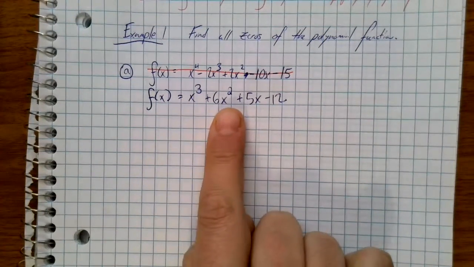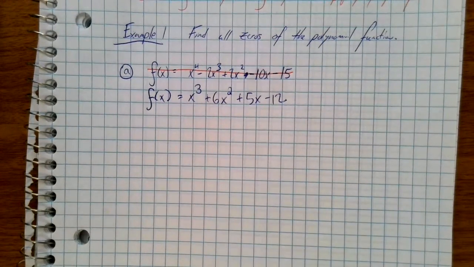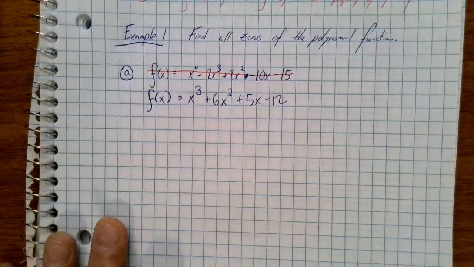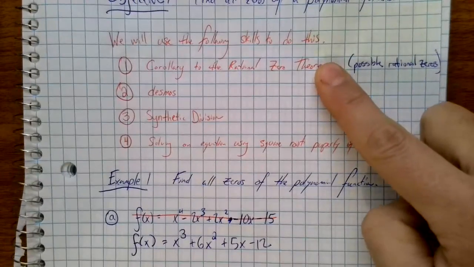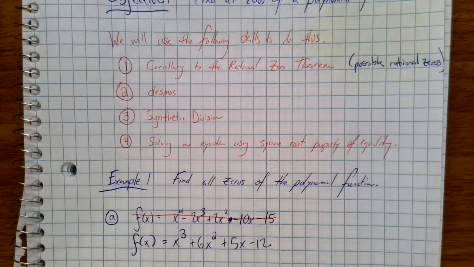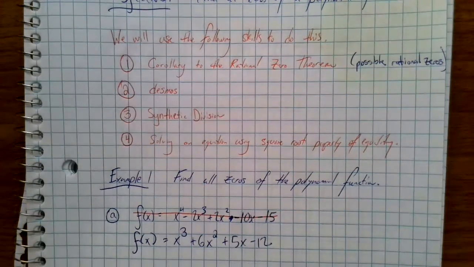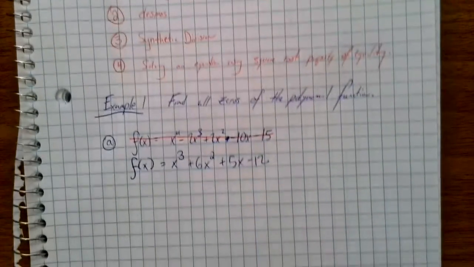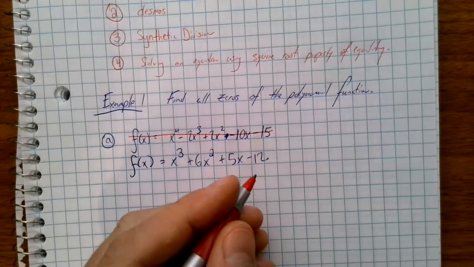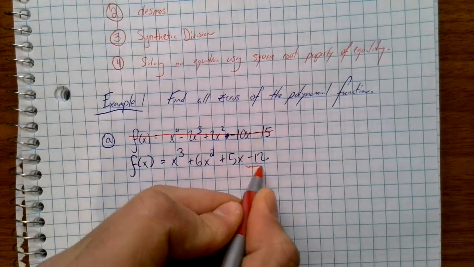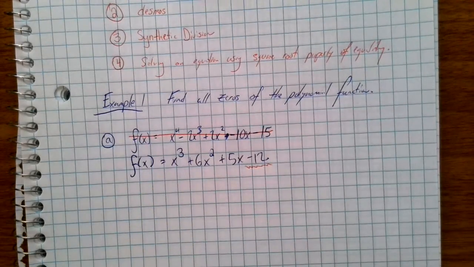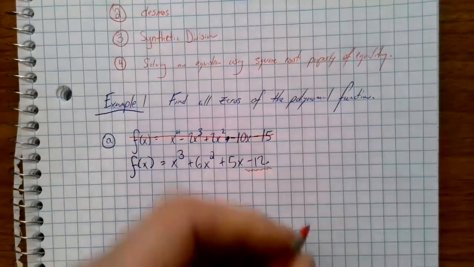So we are going to find all the zeros of this polynomial function. The first thing that we're going to do is use the corollary to the rational zero theorem, which says that we list all of the factors of our constant term.